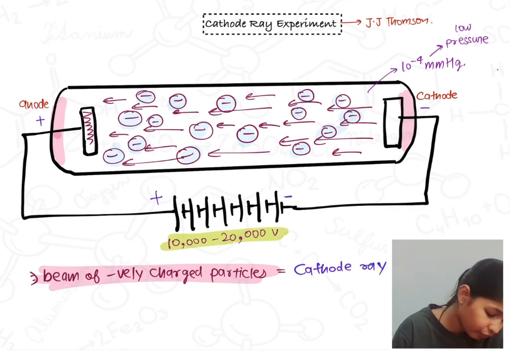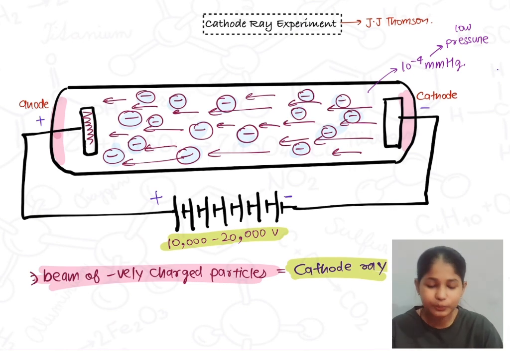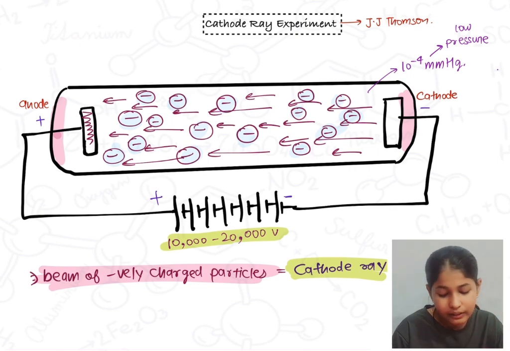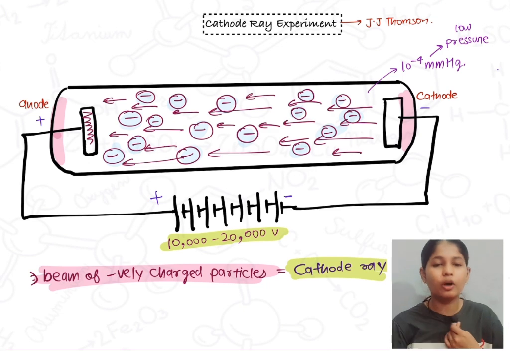Now can you tell me why it is given the name cathode ray? Yes, of course, because it is arising from the cathode. It is coming out of the cathode. So this was the setup of the cathode ray experiment.